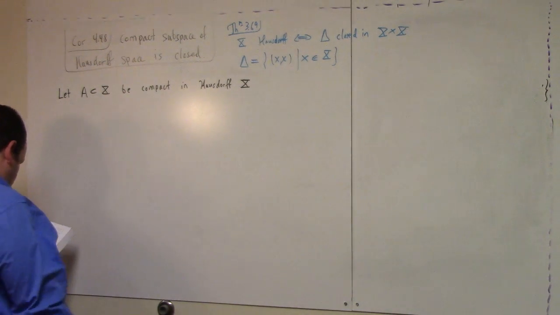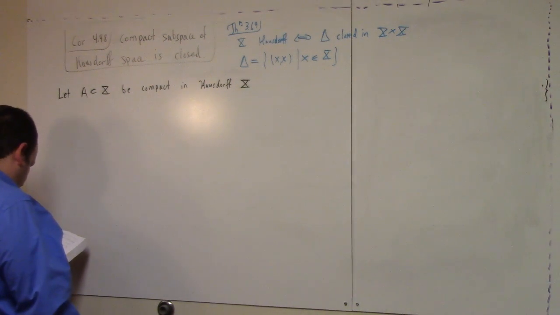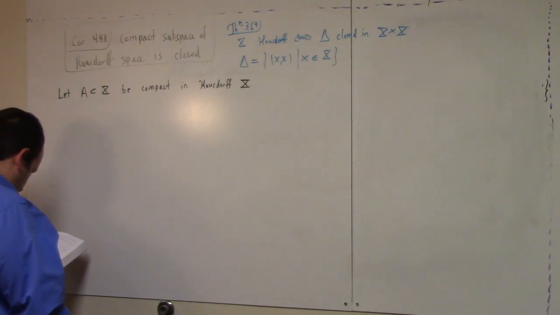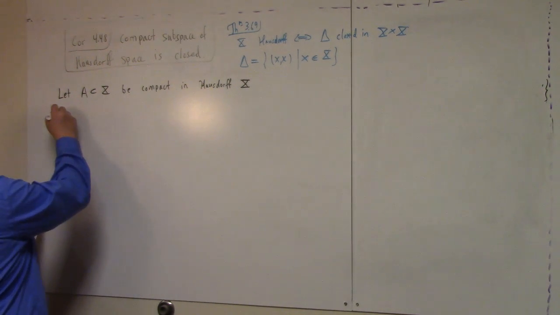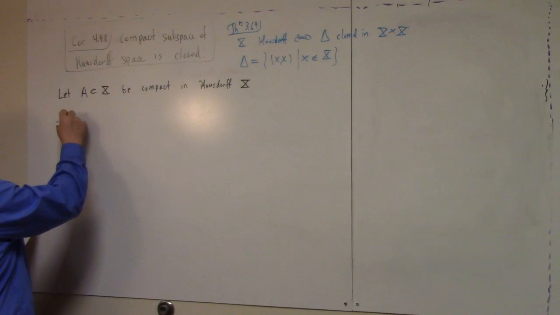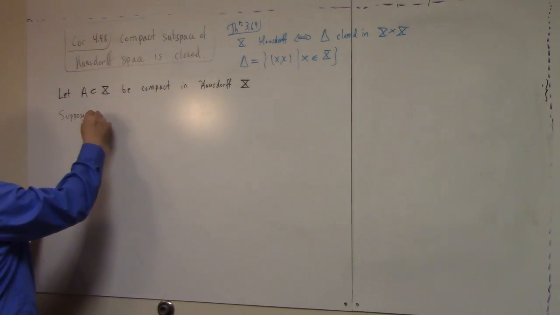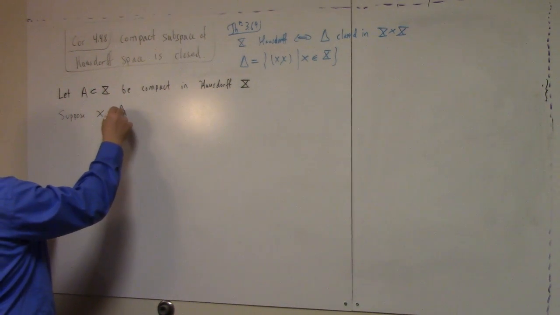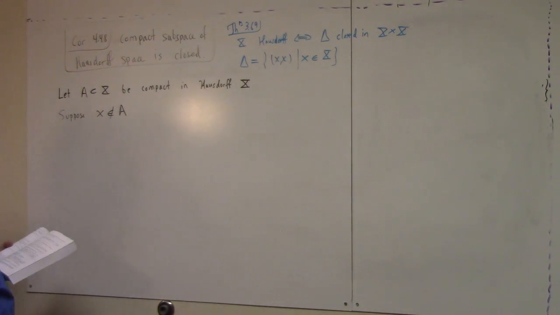All right. He says, to show A is closed, we'll prove that if x is not an element of K, and I mean A, so suppose x is not an element of A. He has K instead of A in the book.